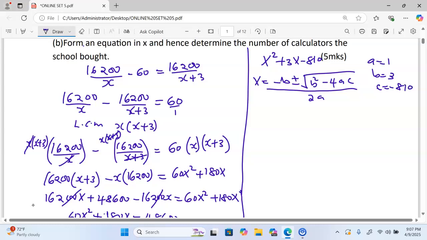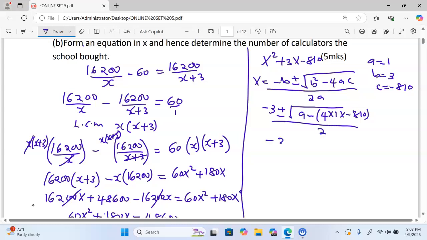We can now substitute. Minus b is going to be minus 3, plus or minus square root of b squared, which is 3 squared, which is 9, minus 4 times 1 times negative 810, divided by 2 times 1, which is 2.